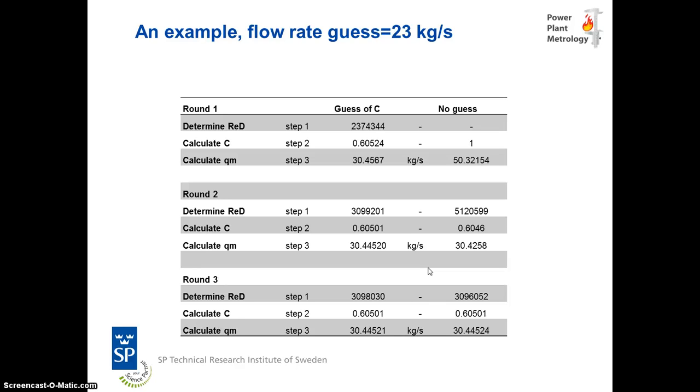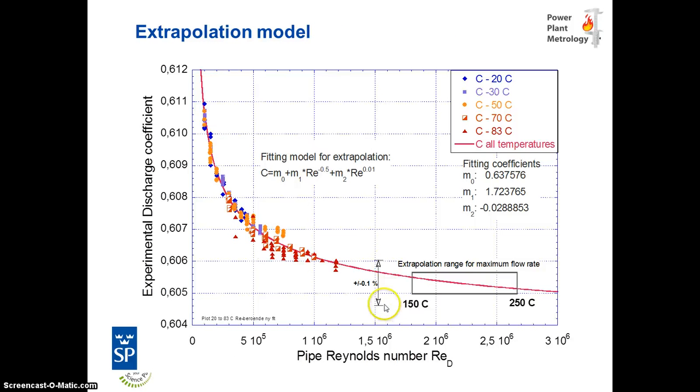To really determine if you can use this model, you would need to do some measurements, if you can find a facility able to generate temperatures up to like 150 degrees, and then you can validate if the discharge coefficient is around here, and validate the uncertainty of this model. So that is the next step, but so far we have proposed a very simplified model to calculate the discharge coefficient based on the Reynolds numbers.